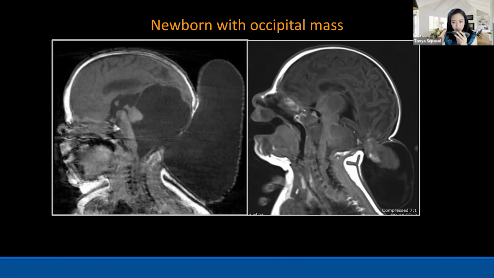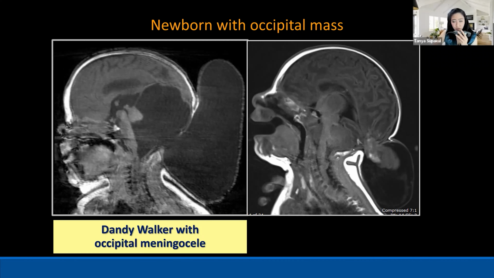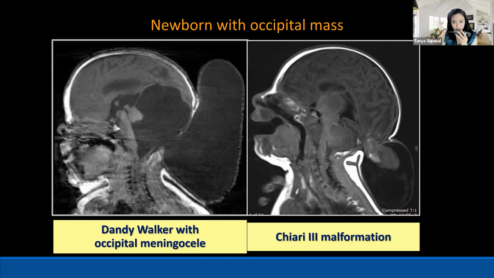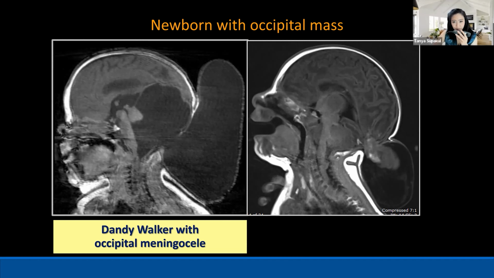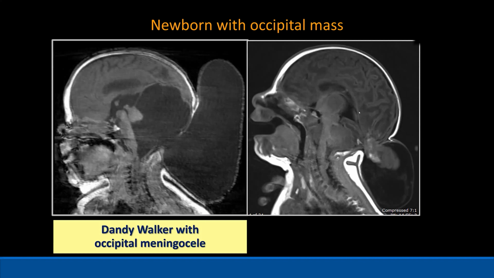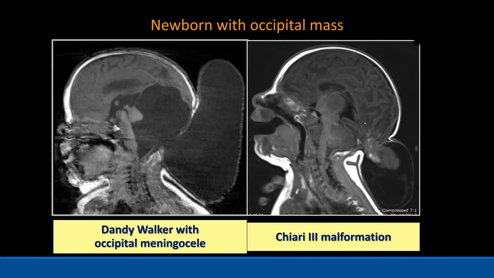And you are correct. This is a small posterior fossa with that myelomeningocele and has the findings in the brain consistent with Chiari malformation. So Chiari 3 malformation is related to neural tube defect. Good job, Carlos.